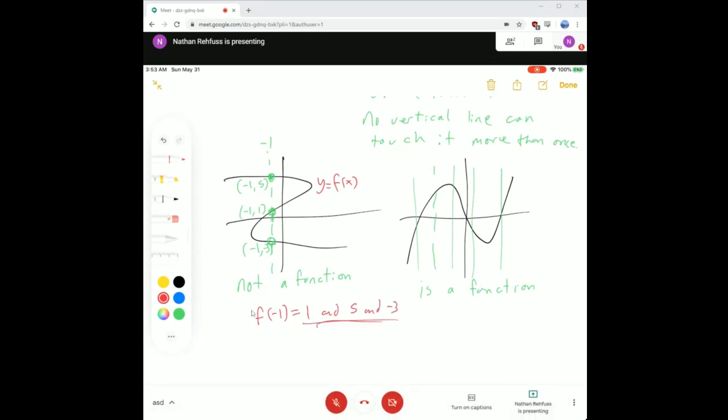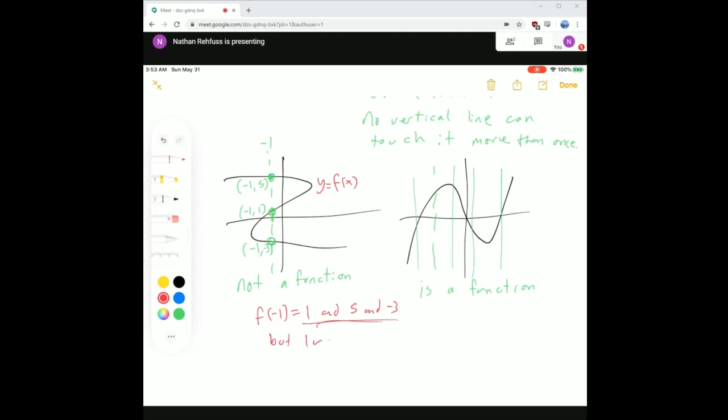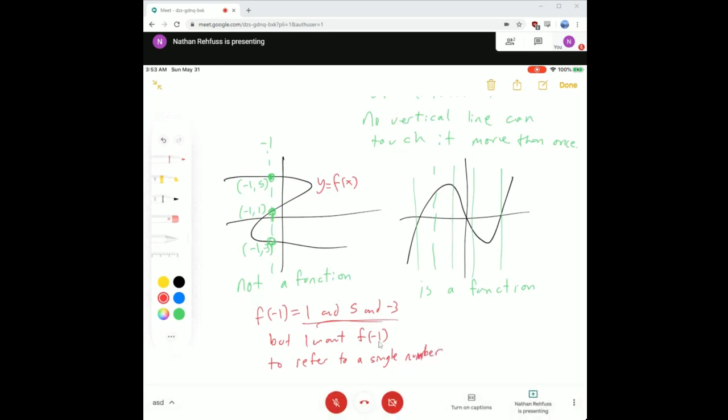I want this symbol f of -1 to refer to a single number. Even if I don't know the number, for this definition to make sense, it can only be one number. There has to be a specific output for each input.